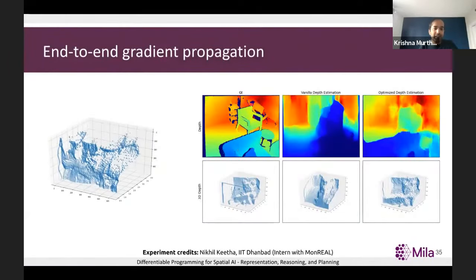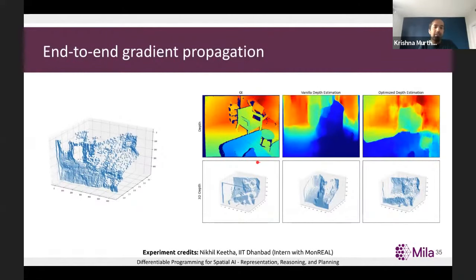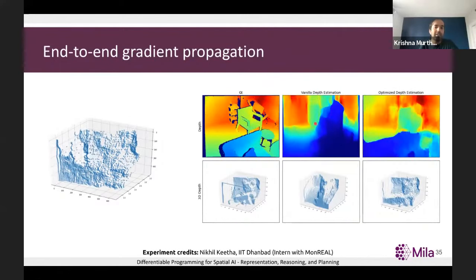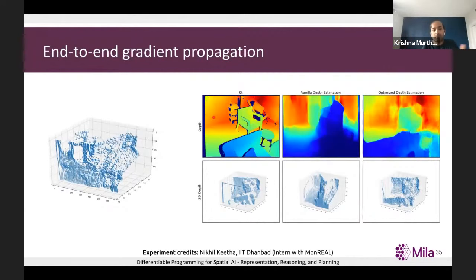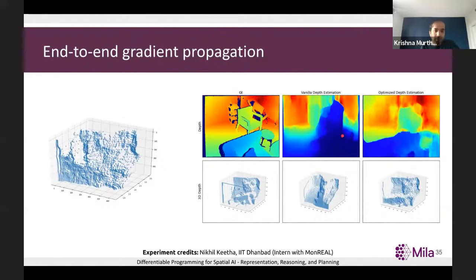What we do here is we take a depth map and initialize it, in this case not with noise, but with a depth estimation from an off-the-shelf neural net. Since the neural net has not been trained on this particular sequence, or this distribution of depths, it produces a very poor estimate to begin with.